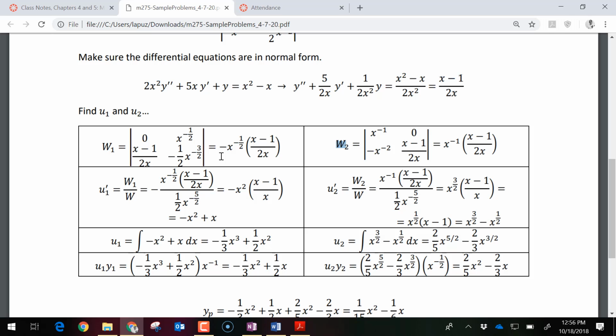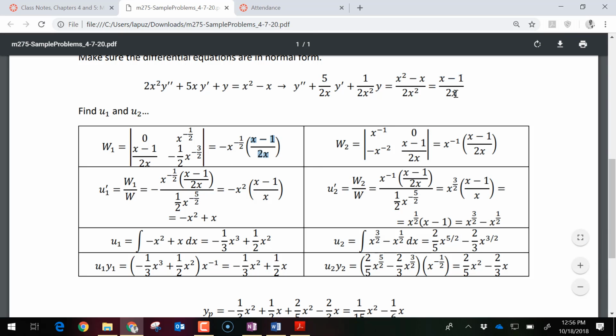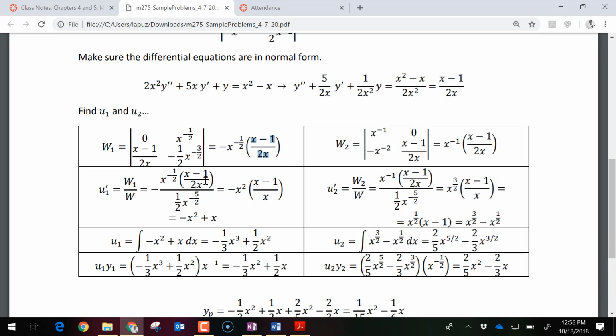So this is what I ended up getting for W1. W1 is going to be negative x to the -1/2 times this f of x, or g of x. And then we divide out by the Wronskian, and we get U1 prime, and this simplified to a nice polynomial, it turned out.